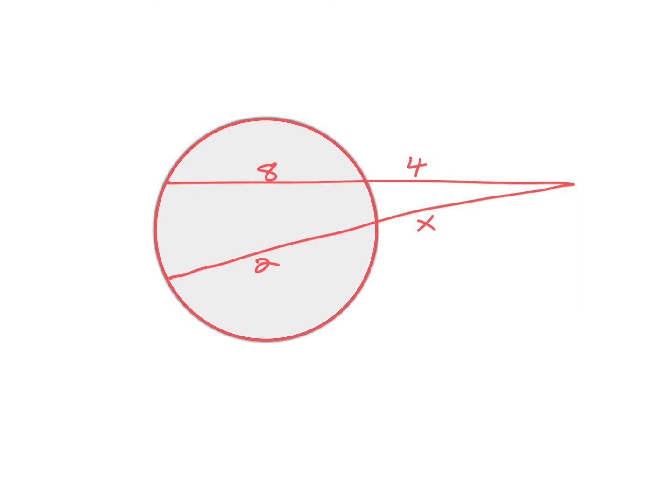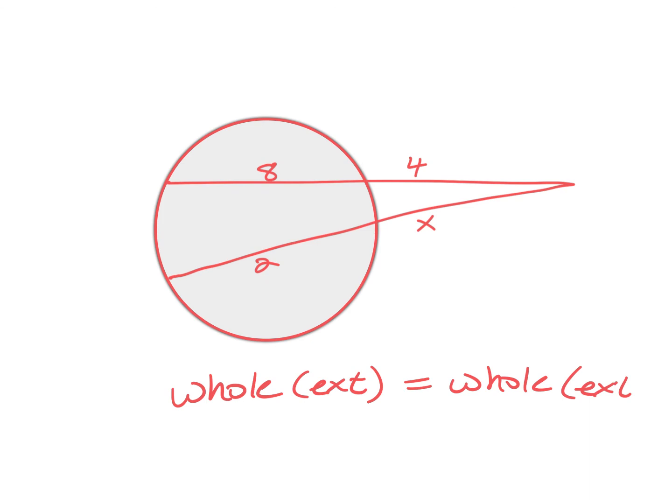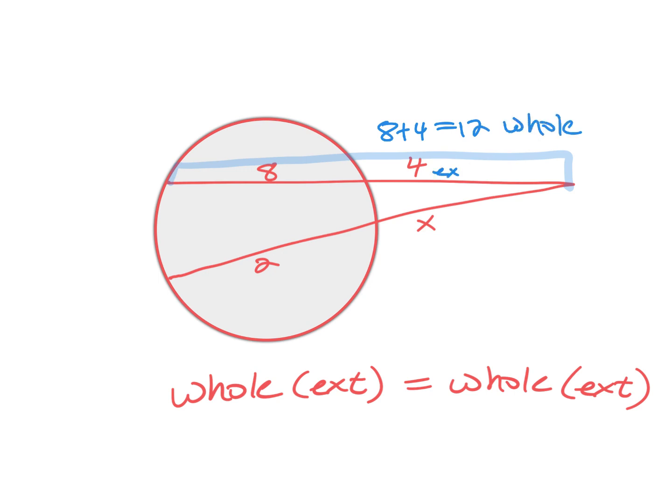So again, 2 secants. So we're doing whole times external equals whole times external. So for the first one, my whole can be found easily. All I have to do is add 8 plus 4. 12 is the whole, and this 4 is the external.